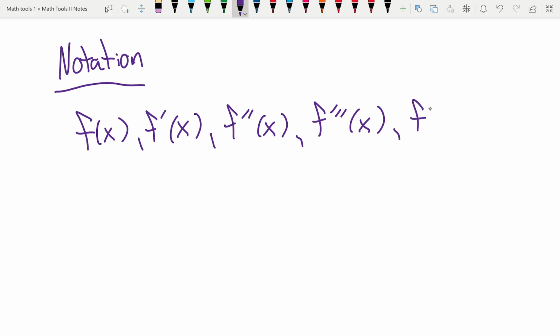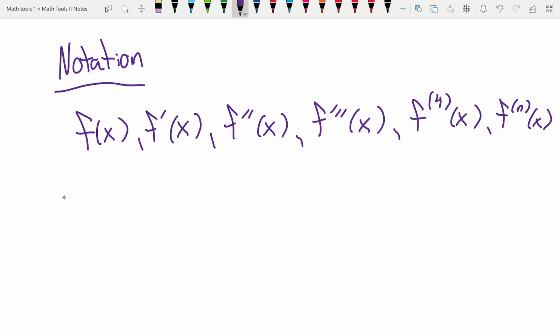But if you want a higher order derivative, you put a 4 in parentheses here. The parentheses are to distinguish it from a power. Sometimes they might do that for 3. But in general, you can then do f superscript n of x, and that would represent the nth derivative of f if it exists.